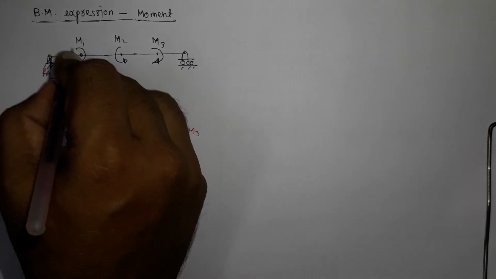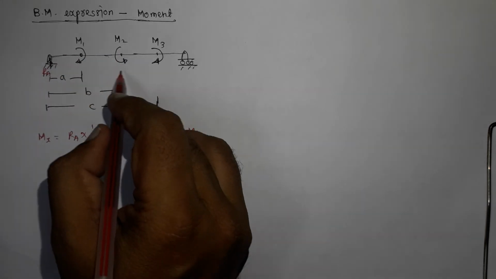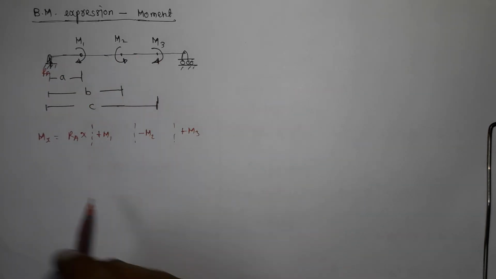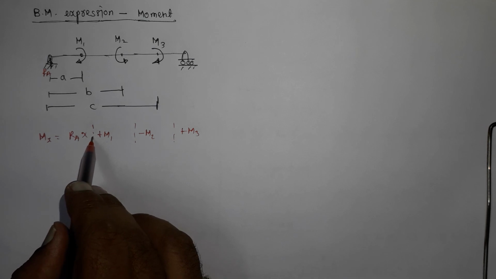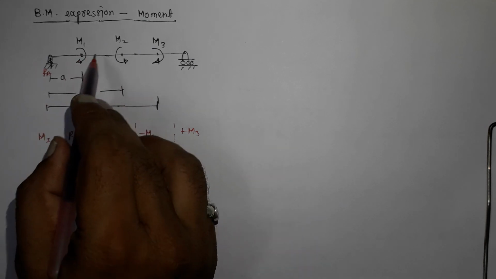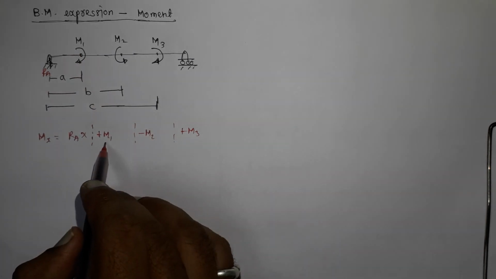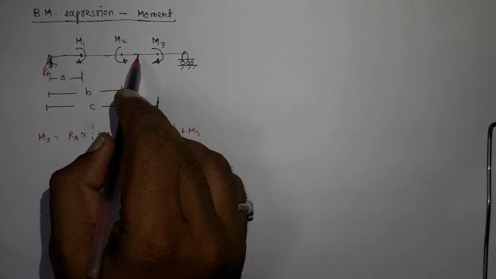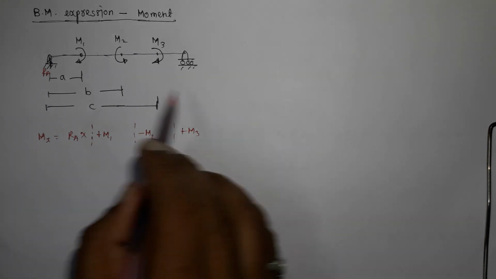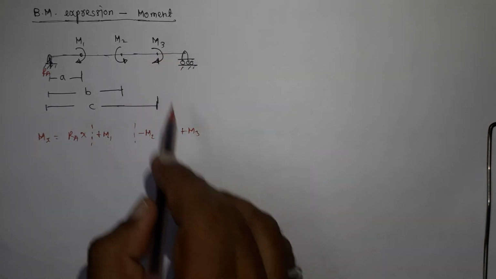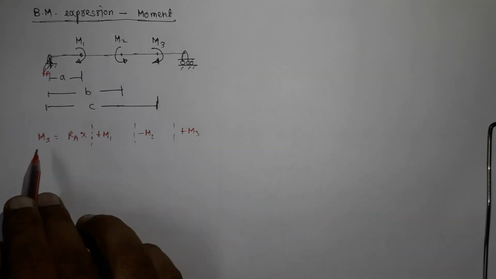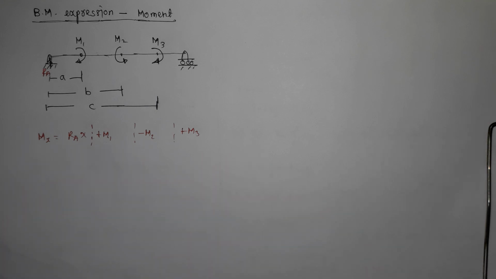This is plus because clockwise, this is minus because anti-clockwise, and this is plus for M3. This partition is there because I have entered the second subspan. So when I enter the second subspan, M1 will come into focus. When I enter the third subspan, M2 will be there. When I enter the fourth subspan, M3 will be there. So this is how the expression is written.